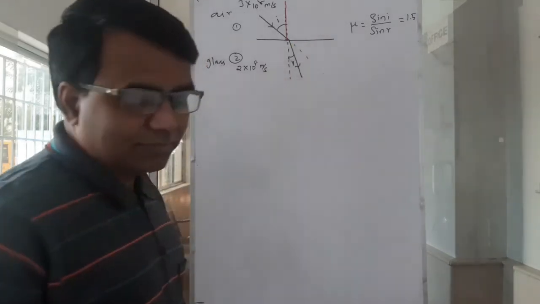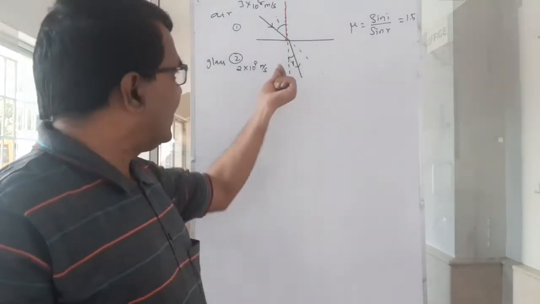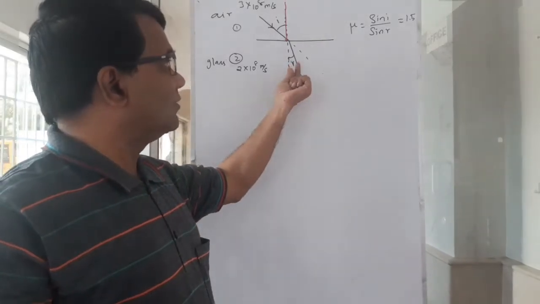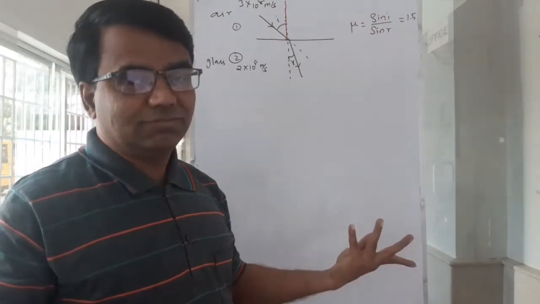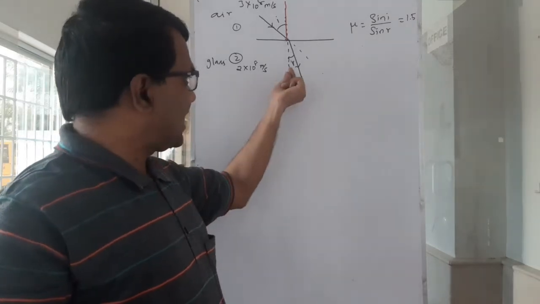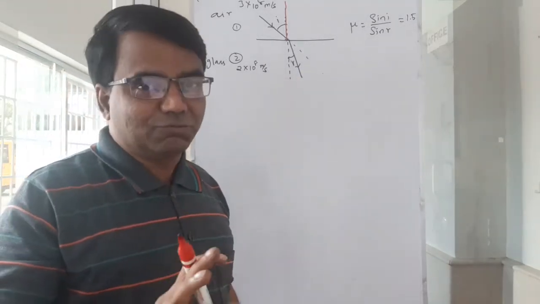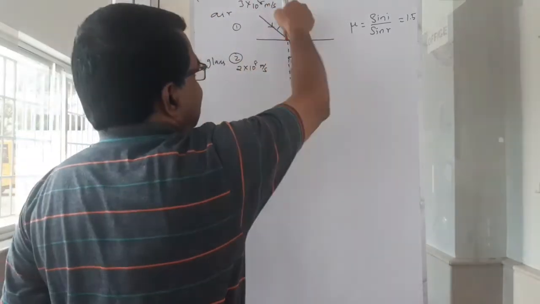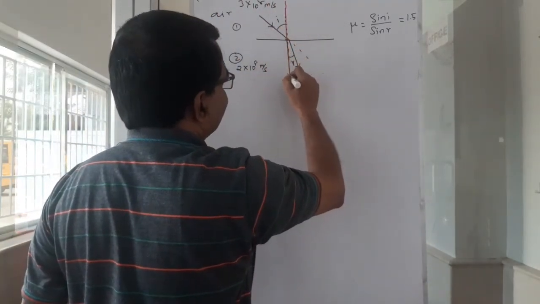What will happen to this ray? Any non-zero angle will result in mu being 0. The sin I is 0. So can it have a non-zero angle? Can it bend this way, that way? No. This ray will travel straight down.